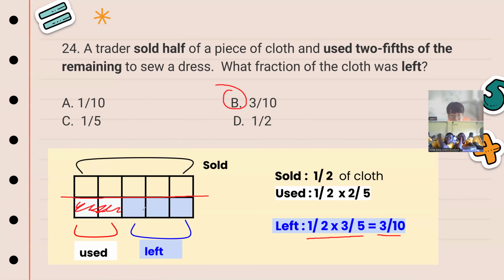And you can see it in this diagram too. We have 1, 2, 3 left out of the whole box, which is 10. So it is 3 out of 10.